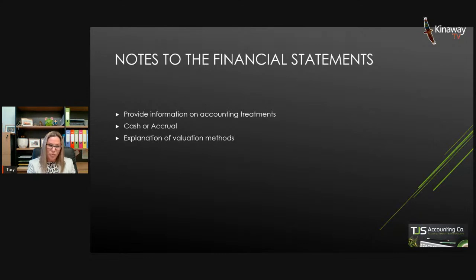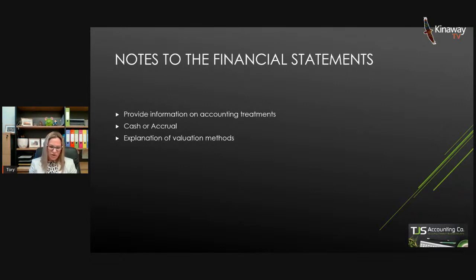So obviously, when you receive financial statements from your accountant, you'll find incorporated into there what are often known as notes to the financial statements. Essentially, the key financial statements contain the vital information, so information on accounting treatments, whether we're looking at cash or accrual, and often an explanation of how the amounts have been determined within the full reports.